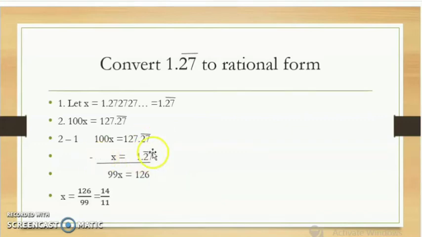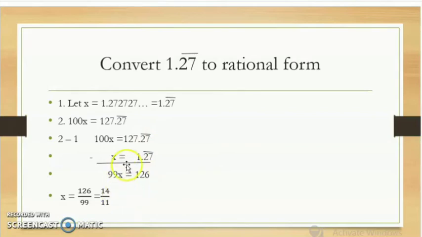Now if we subtract, this part and this part will get cancelled away, and we'll get 99x is 126. So now this is easier for us to find our answer, because if there are repeating digits here, we are not able to find our answer.